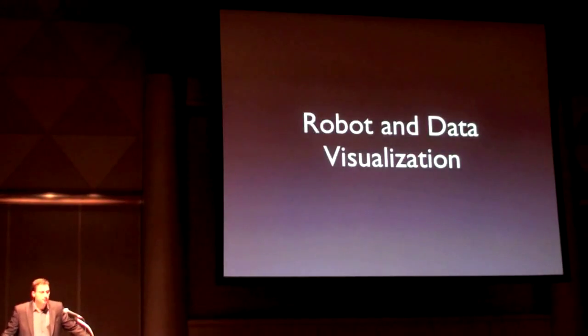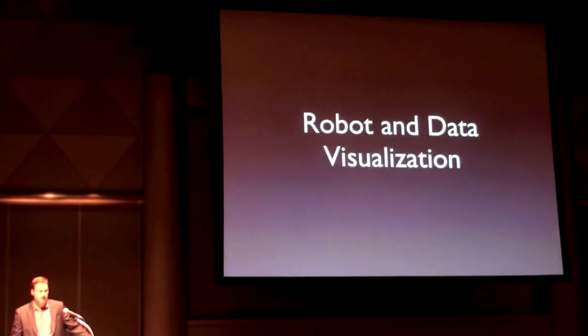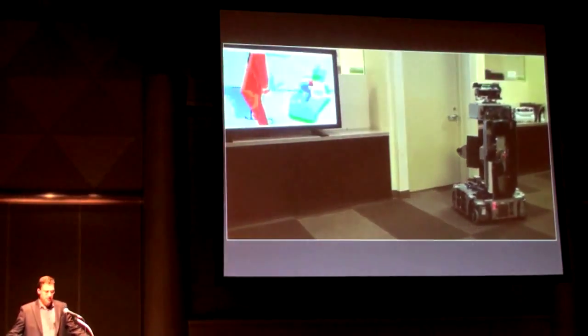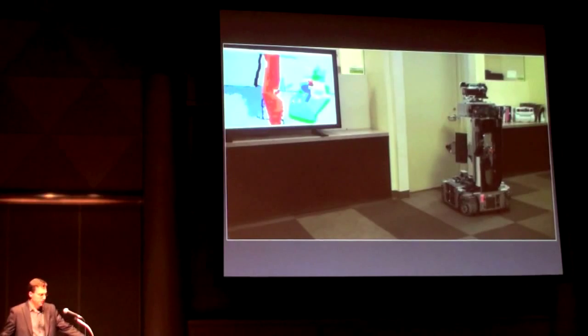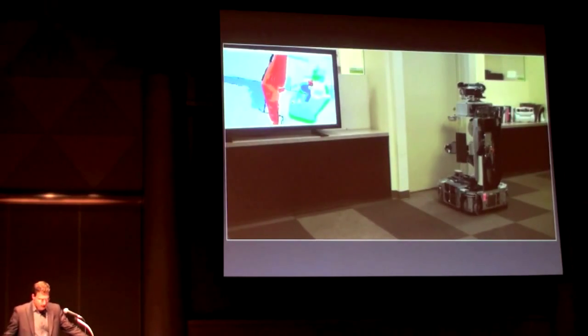In addition to logging and playback tools, ROS also has tools to make it easy for developers to visualize robot data, sensor data, and see processed data in a real-time 3D virtual environment. In this demo, we are watching the robot open a door and go through it.